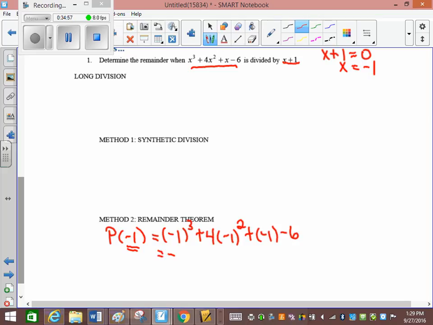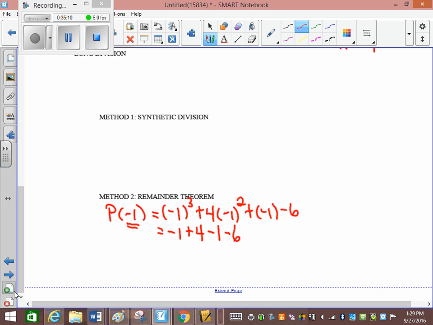So we get -1. -1 squared is +1. So 4 times +1 is +4. Minus 1 minus 6. And we get negative 1 plus 4 minus 1 minus 6, which is negative 4. So my remainder is negative 4.